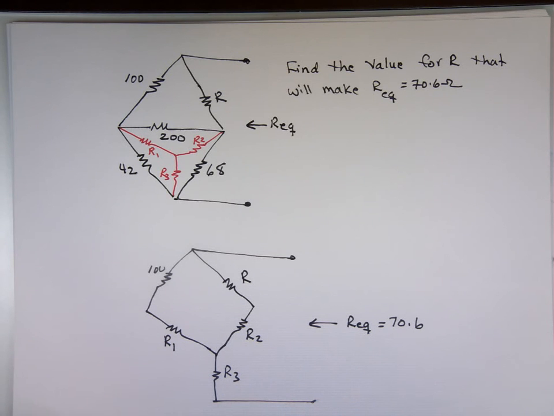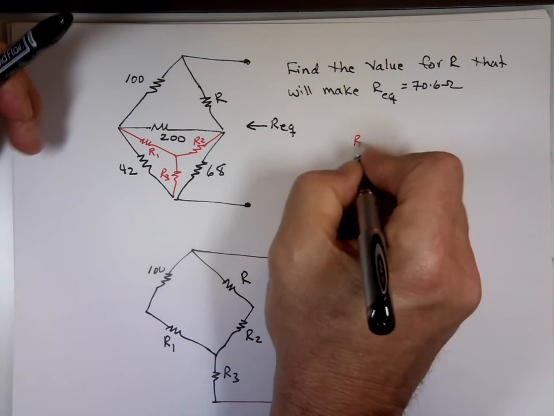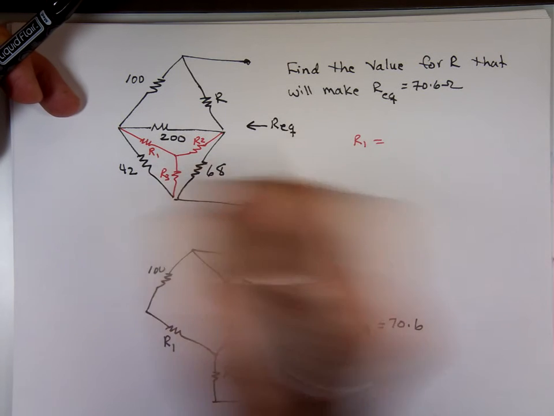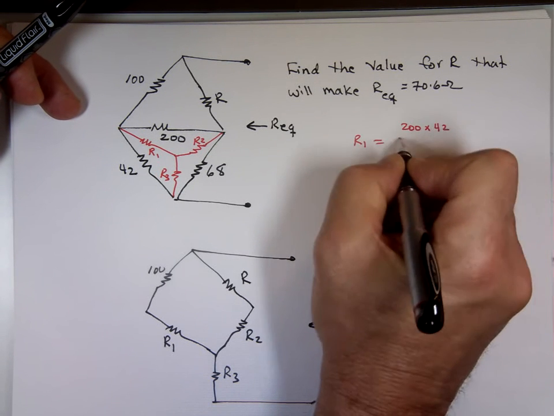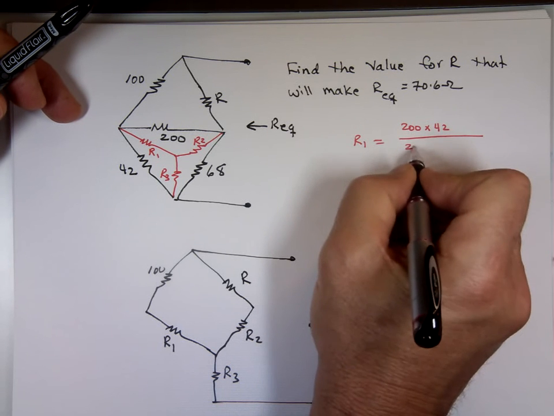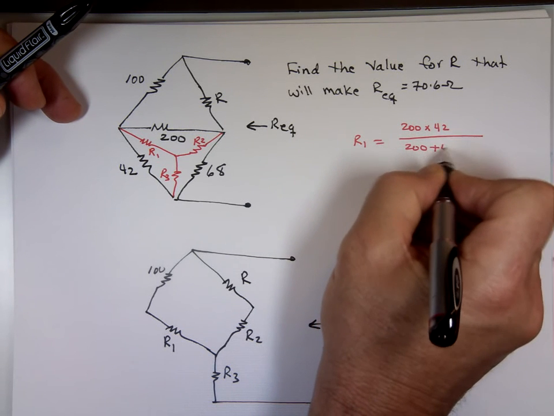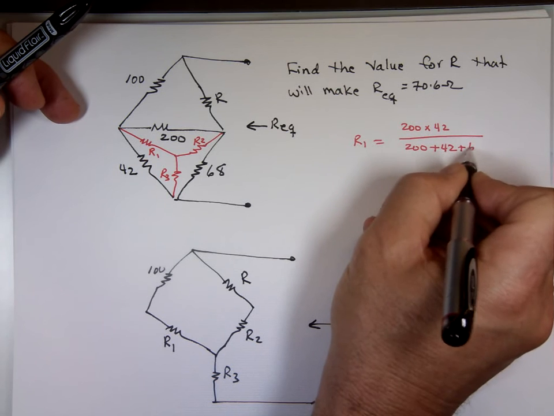Okay. How can I find R sub 1? R sub 1, you multiply the two surrounding ones over the sum of them, right? R sub 1, the two surrounding are 200 times 42 over the sum of them, 200 plus 42 plus 68.